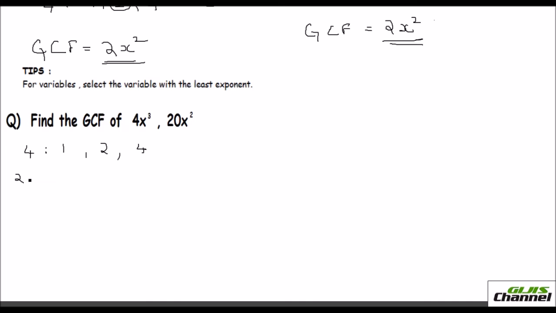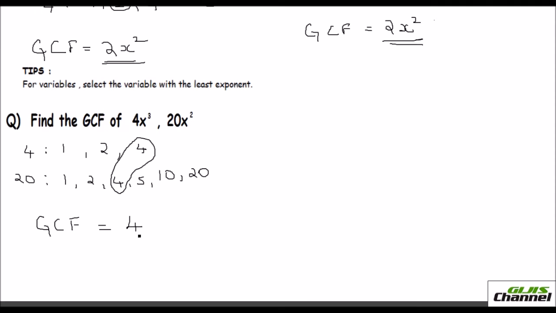Now for 20, the factors are 1 times 20, 2 times 10, then 4 times 5, right? Now the highest common factor here is 4. You have many common numbers, but the highest number which is common is 4. GCF, I can say, is 4.